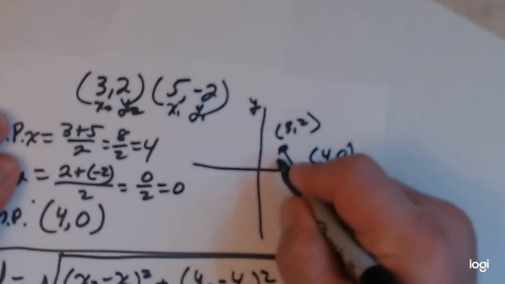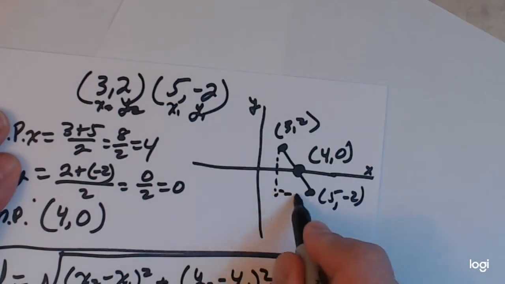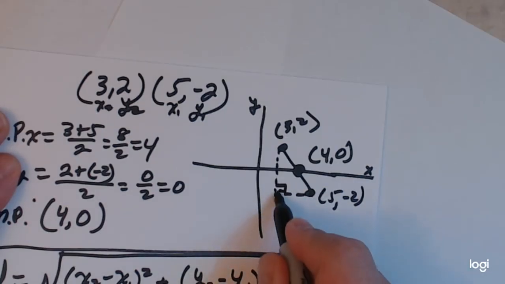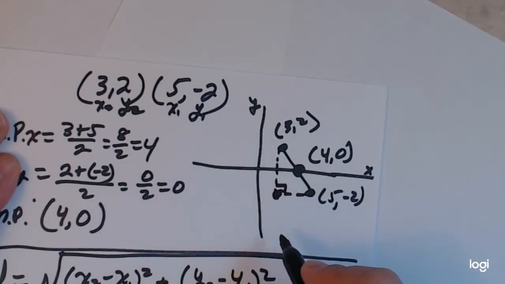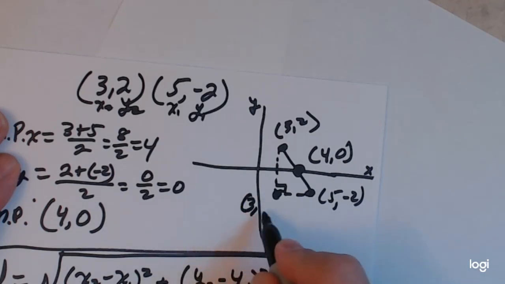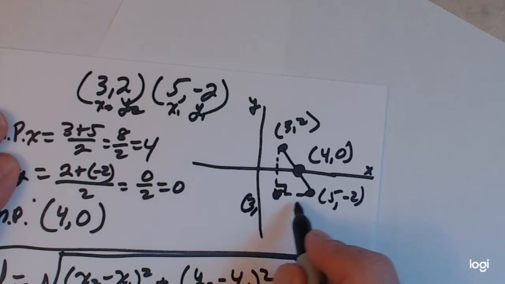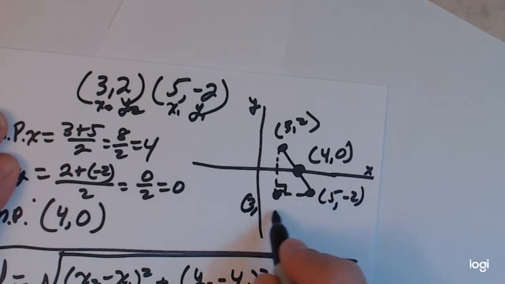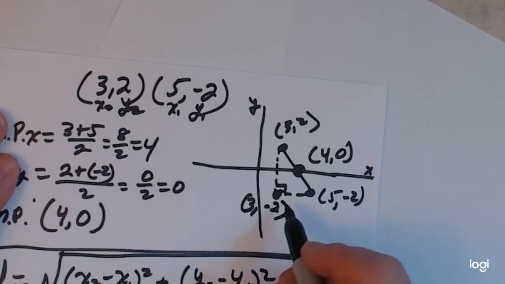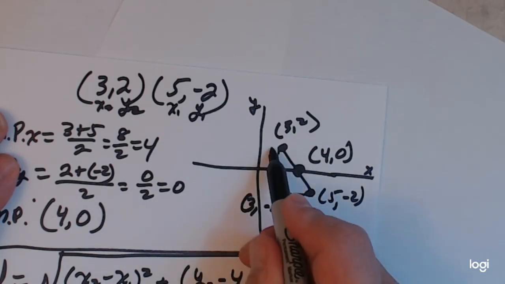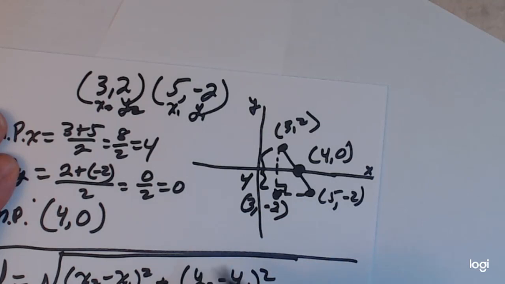We could have also done this. We could have dropped down a vertical, formed a little right angle, and this would be 3, negative 2. So from negative 2 to 2, that'd be 4 units.